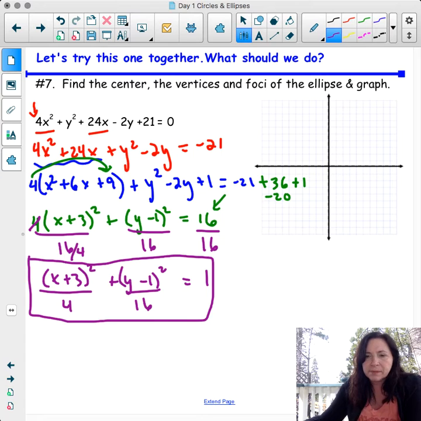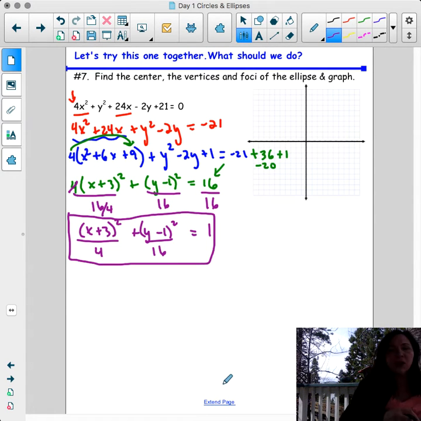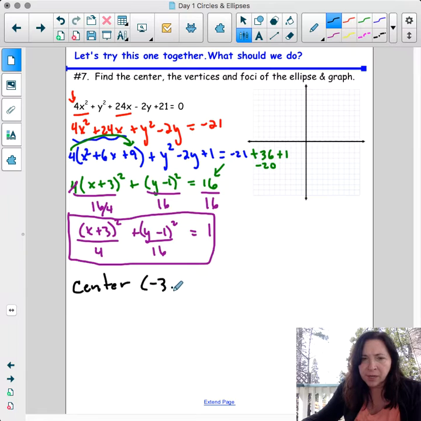Okay. Now, a couple of things that you need to understand is for this, we have a center now at negative 3. So we're going to have a center for our ellipse. Our center is at negative 3, 1. You have to decide which one is bigger, which one's smaller.